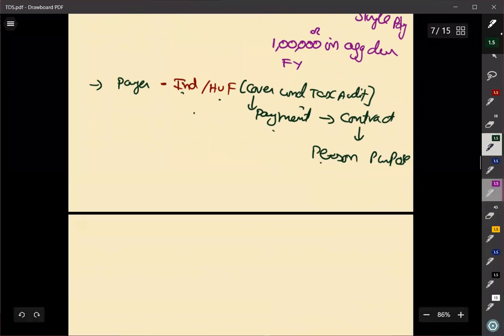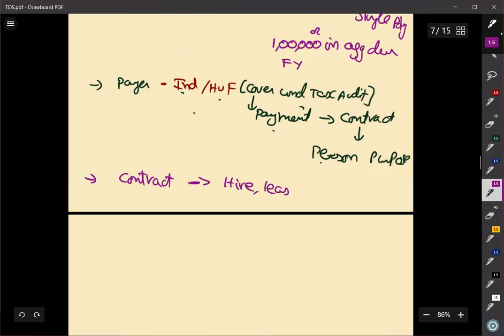Then the next exception says that you are a contractor engaged in the business of hiring and leasing of trucks.